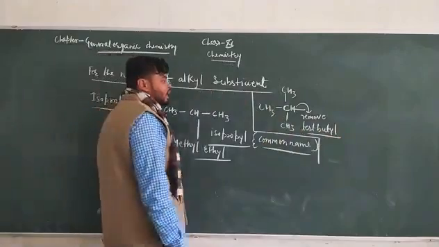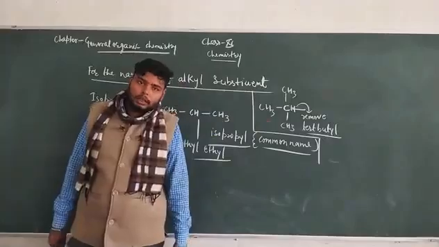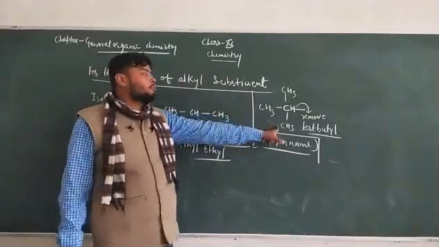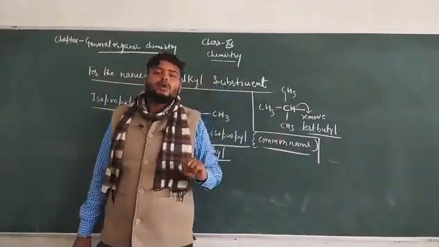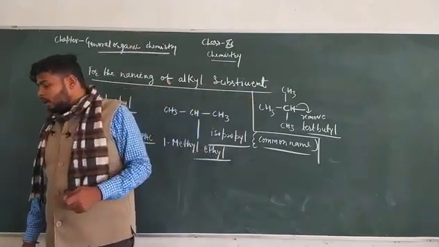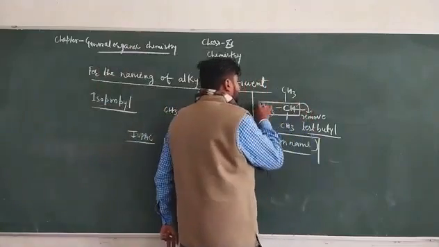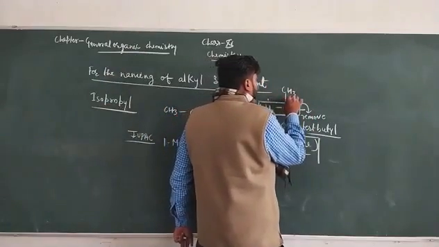As we know, tert-butyl is the common name of this compound. For the naming of this compound in terms of IUPAC, you have to use such an alkyl substituent. In terms of the naming, you have to write that this is our parent chain containing carbon 1 and 2.